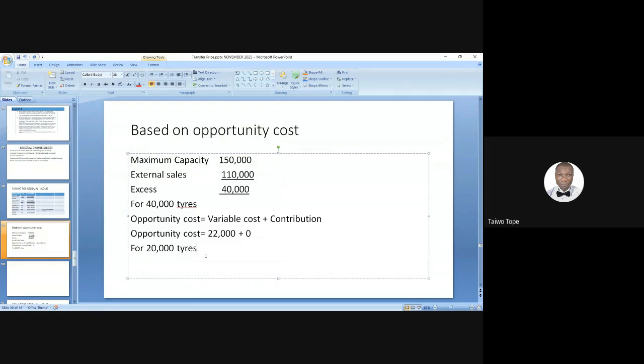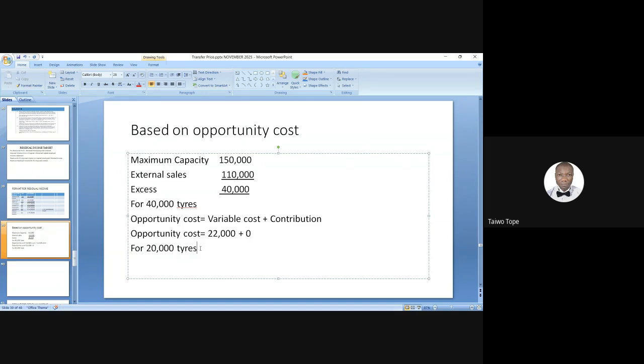So let me now ask, at what price do you think division X will give these 20,000 tires to division Y? External market price. Very good. At the external market price, because this time you don't have an option. You have to buy at the price other people are buying.